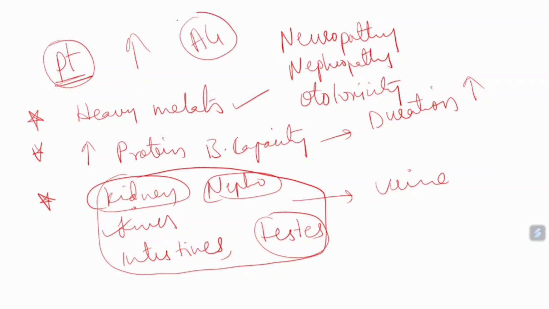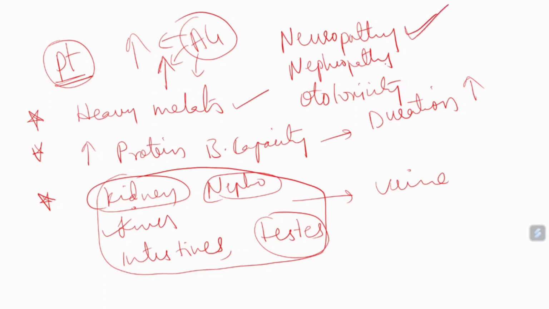Remember, aminoglycosides are antibiotics, and in that we have amikacin, kanamycin, and gentamicin. All these drugs are aminoglycosides. Their molecular size is also very high. These are high molecular size, very polar drugs. When they are given, they have a high ability to accumulate in neurons, and with that they cause neuropathy. So platinum containing compounds also accumulate in neurons and cause neuropathy.